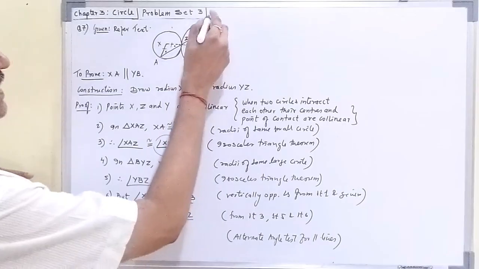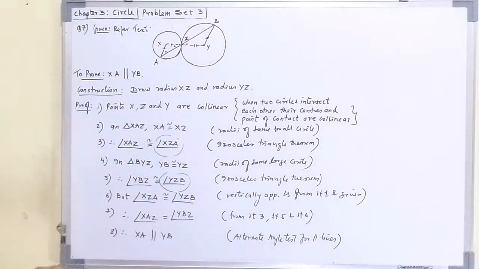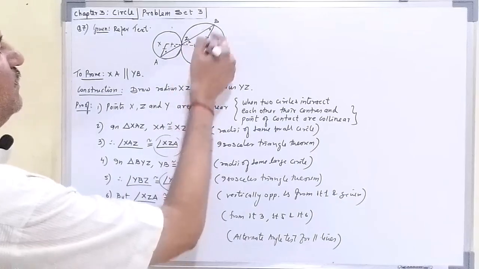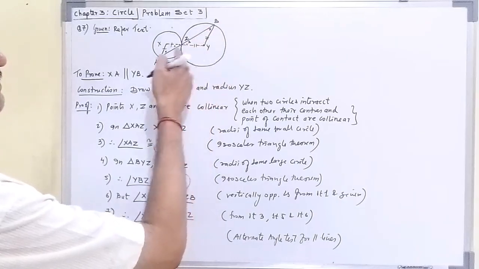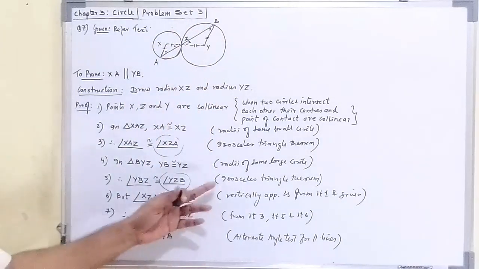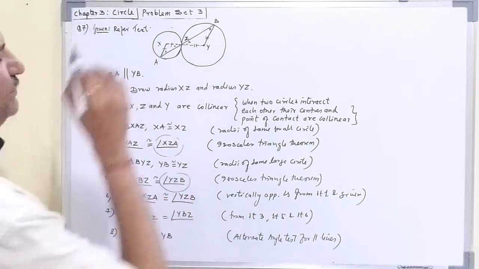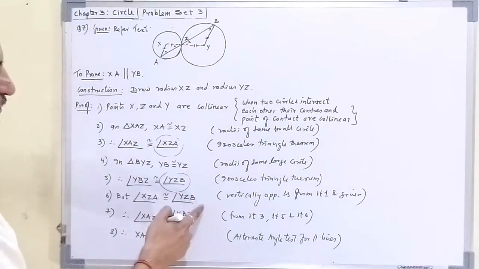Same way यहाँ आते हैं. This YB congruent to YZ. Therefore, these two angles, YBZ congruent to angle YZB, again isosceles triangle theorem. But these two angles are congruent, vertically opposite angles.